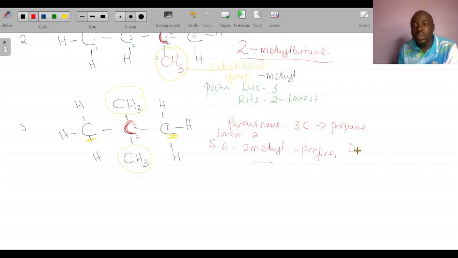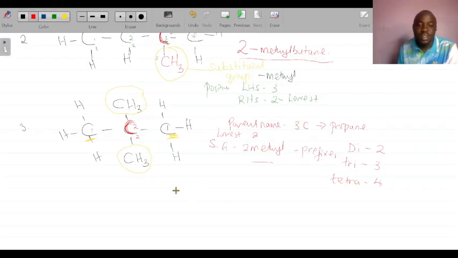In this case, we use di in case they are two. If they were 3, then we shall have used tri for 3. In case they are 4 and they are similar, we should have used the prefix tetra, meaning they are 4. But in our case, they are only 2.